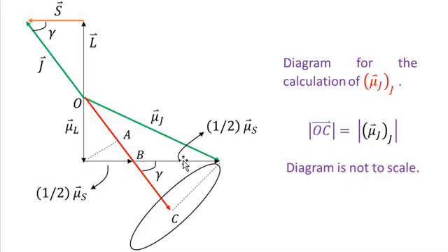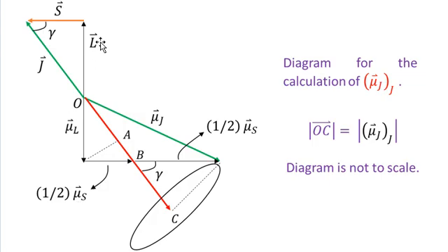This is the magnetic moment mu S, and you know that it is oppositely directed to the vector S. I have shown two parts of this mu S, half mu S and half mu S, so that they combine to give you a total length of the vector equal to mu S.